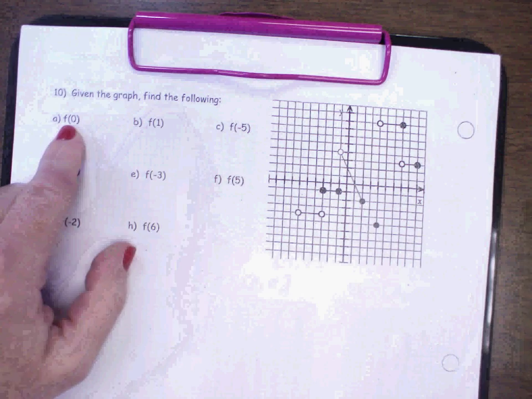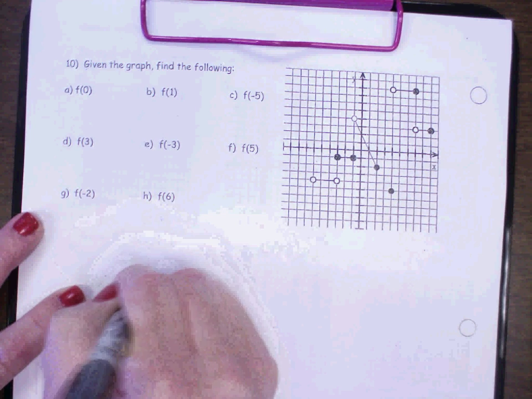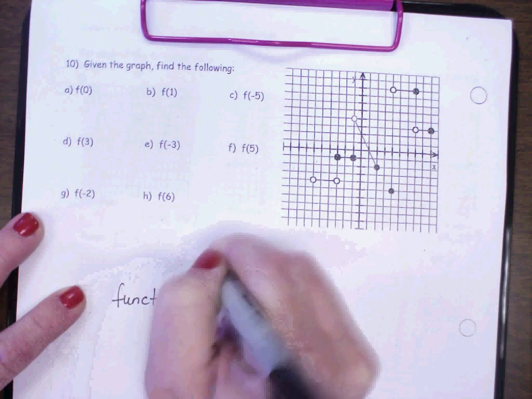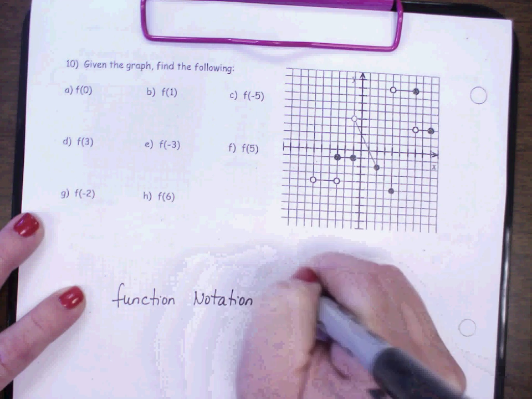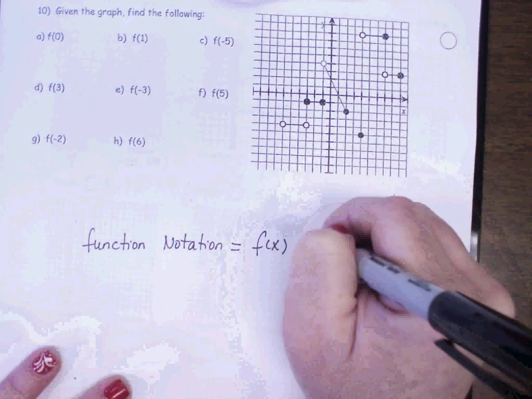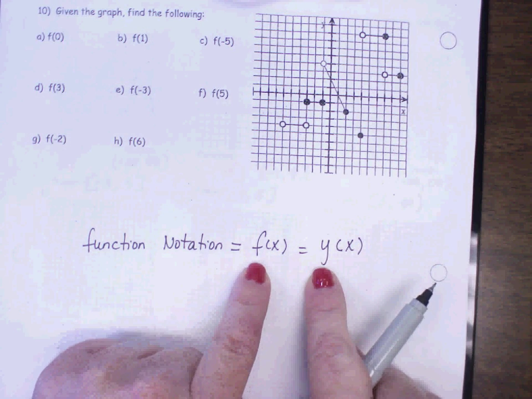Given the graph, find the following. F of 0. I'm going to tell you this is function notation. Let's write this down. This is function notation, and it's f of x, which is the same thing as y of x. So the f of x is your y.